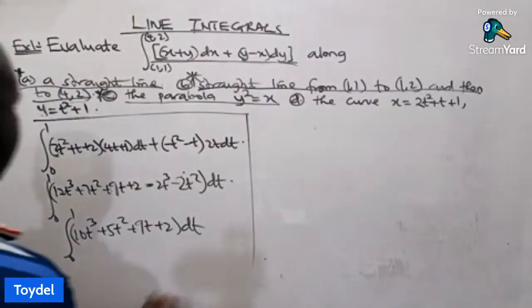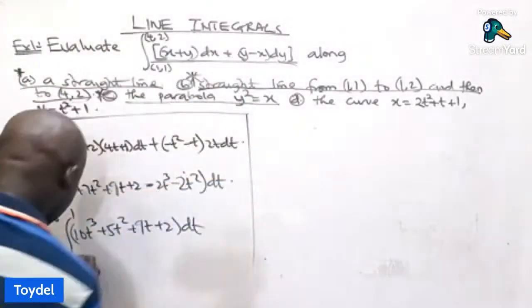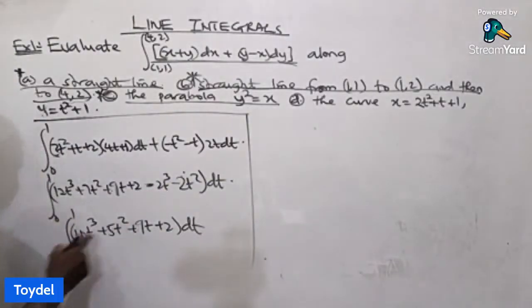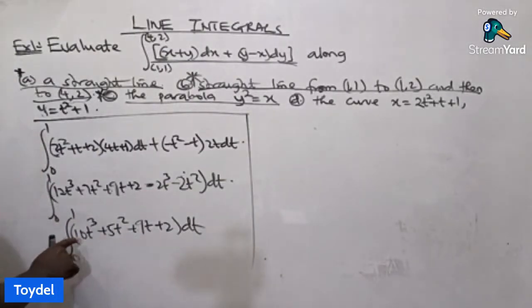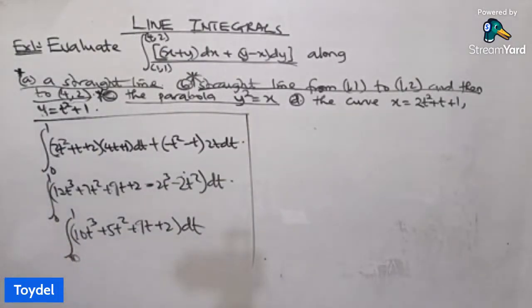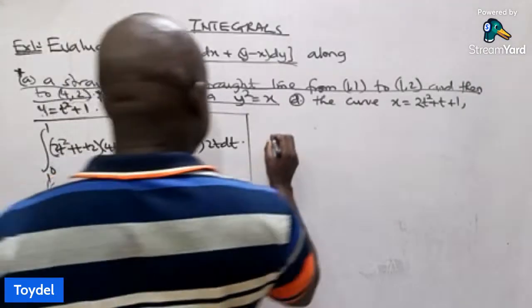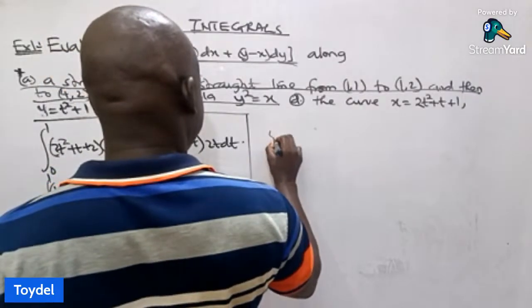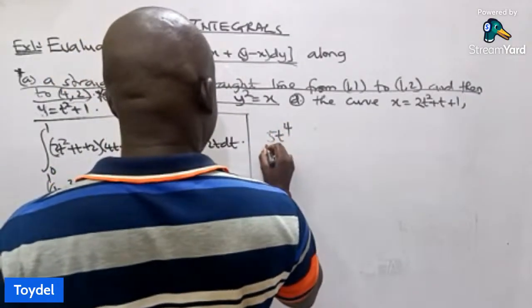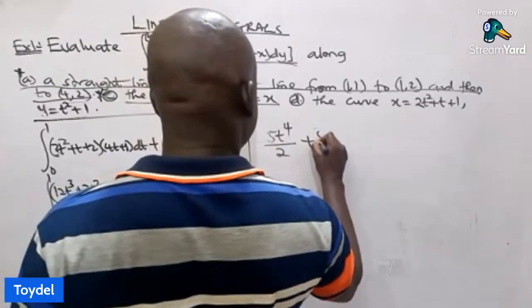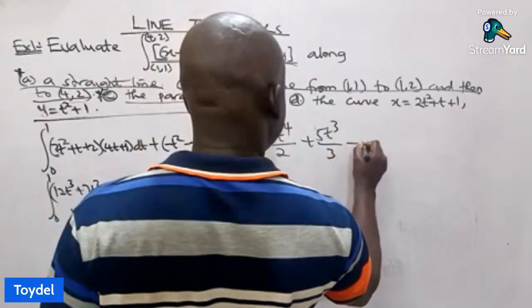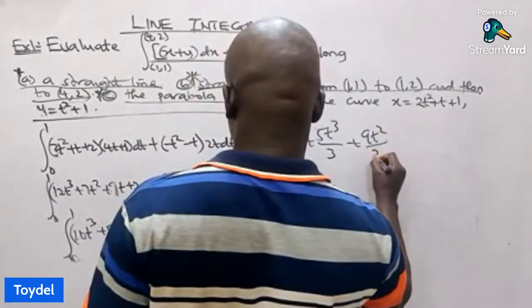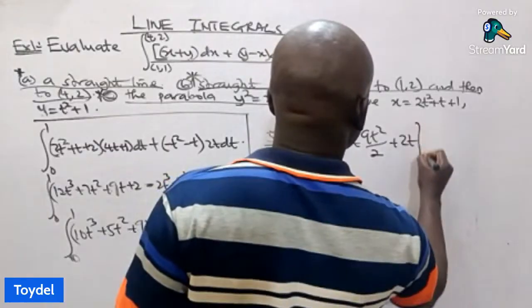So from here, of course, I'm going to substitute. I will integrate this now. Here I'm going to have 10t to the power 4 all over 4, that is 5t to the power 4 all over 2, plus 5t cubed all over 3 plus 9t squared all over 2 plus 2t, from 0 to 1.